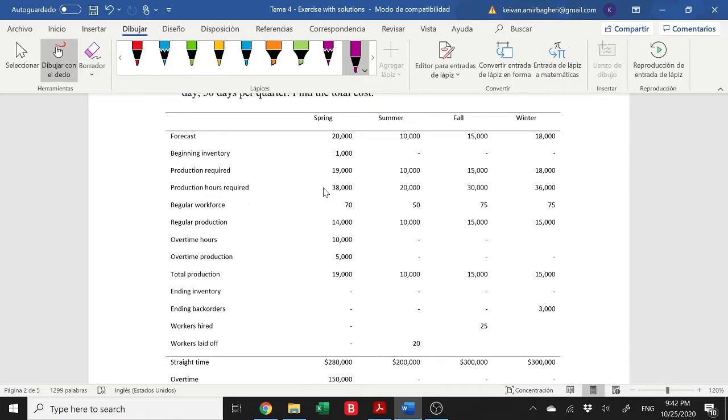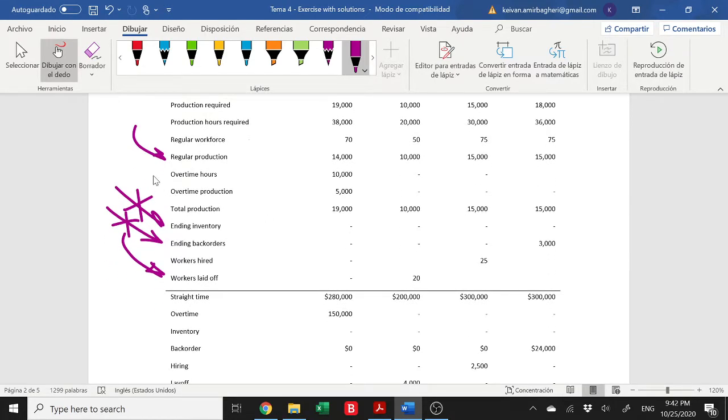Okay, let's check what happens in summer. In summer we have regular production, we don't have any overtime, but we lay off our workers and we don't have any ending inventory or back orders.